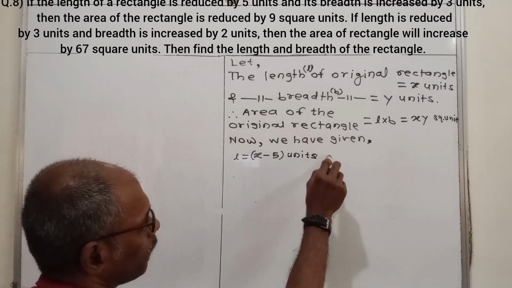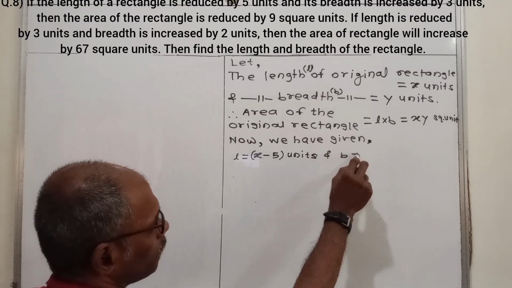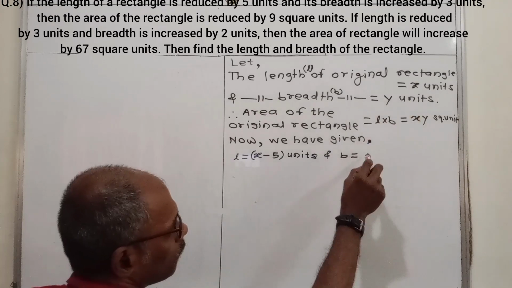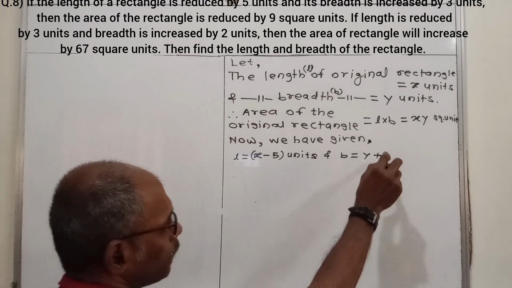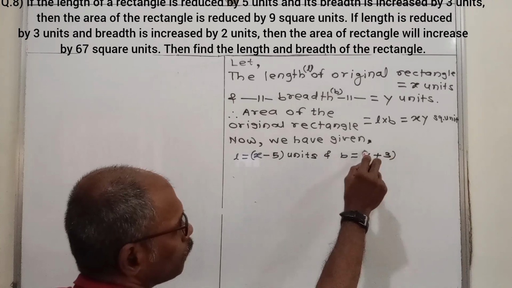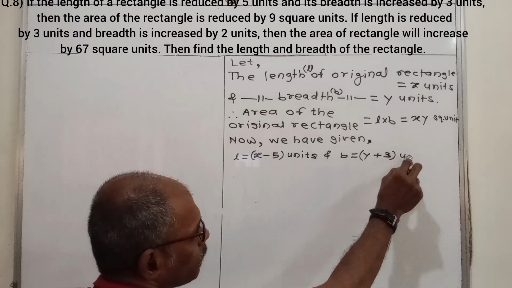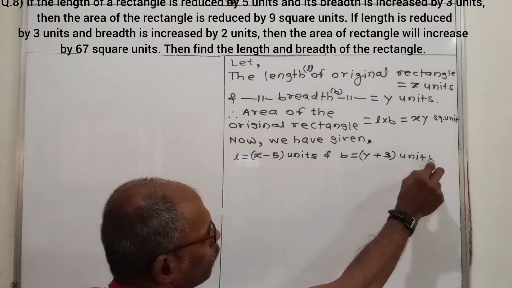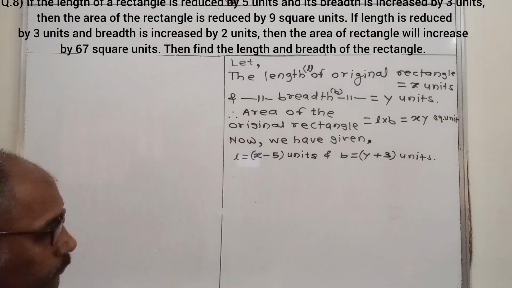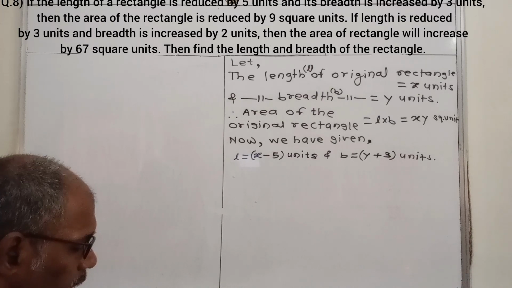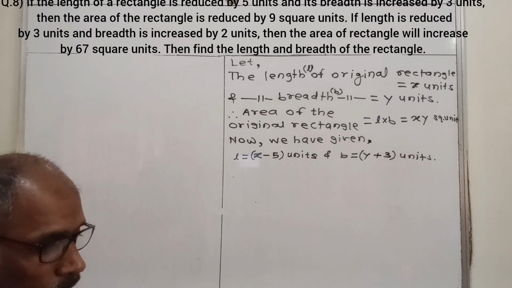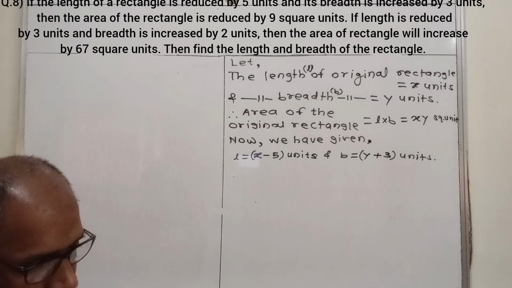See here, and breadth y increased by 3 units means y plus 3 units. Did you get it? Then the area of the rectangle is reduced by 9 square units.